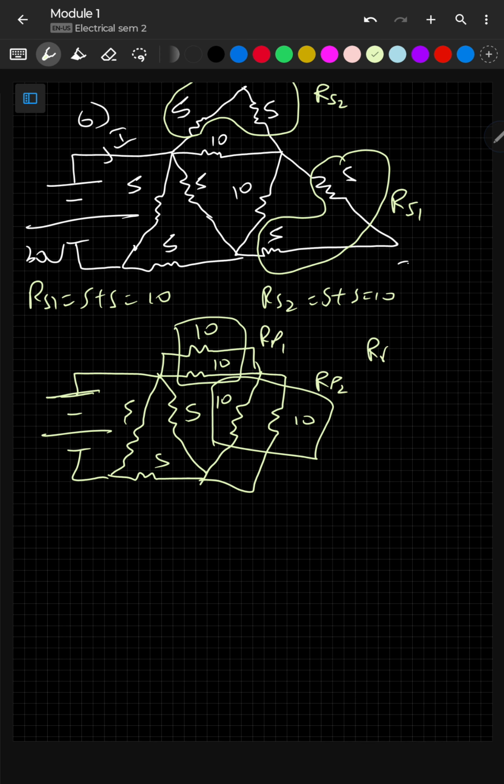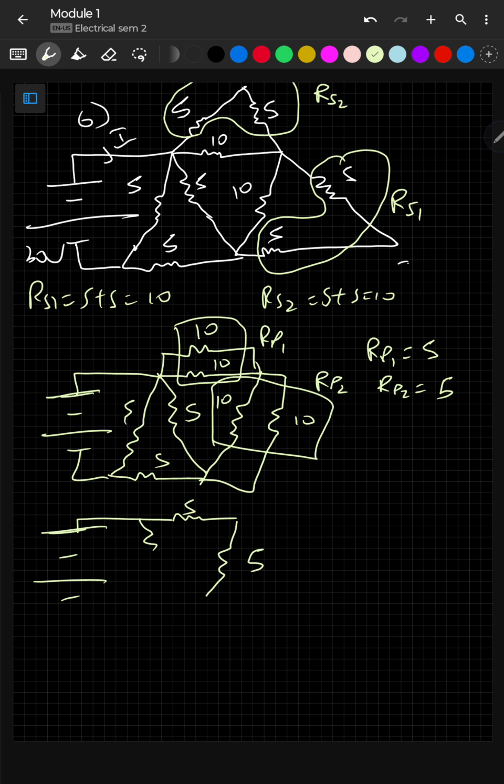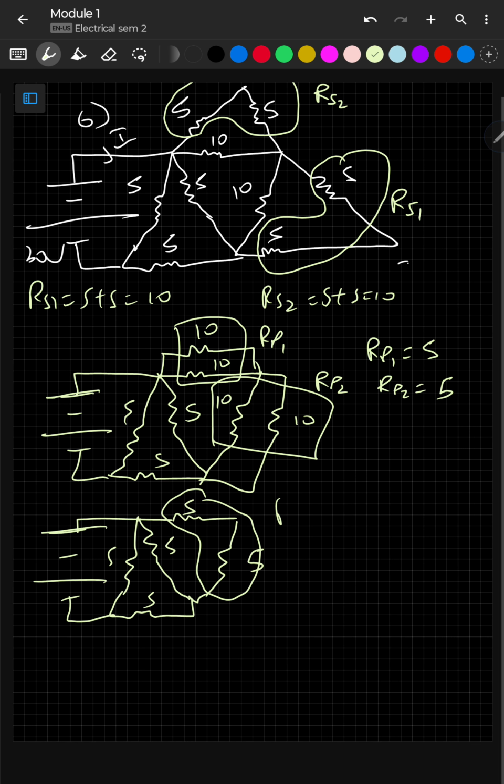RP2 also will be 10 by 2, that is going to be 5. Redraw the diagram. 5. Here also 5. Here also 5. These two are in series, we can see. So RS3 equals 10. Redraw the diagram.